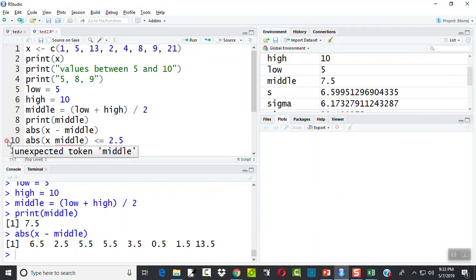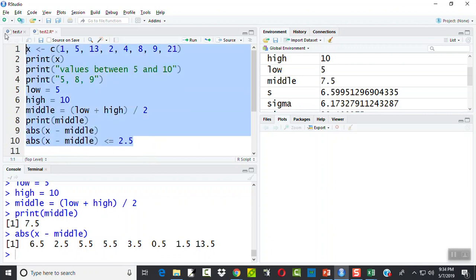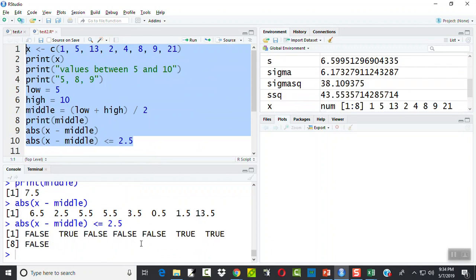An error. Unexpected token middle. Oh, I don't have minus. Never mind. So false, true, false, false, false, true, true, true, true, false. Okay, that makes sense. That's returning a true everywhere I got 5, 8, and 9. The values between 5 and 10.